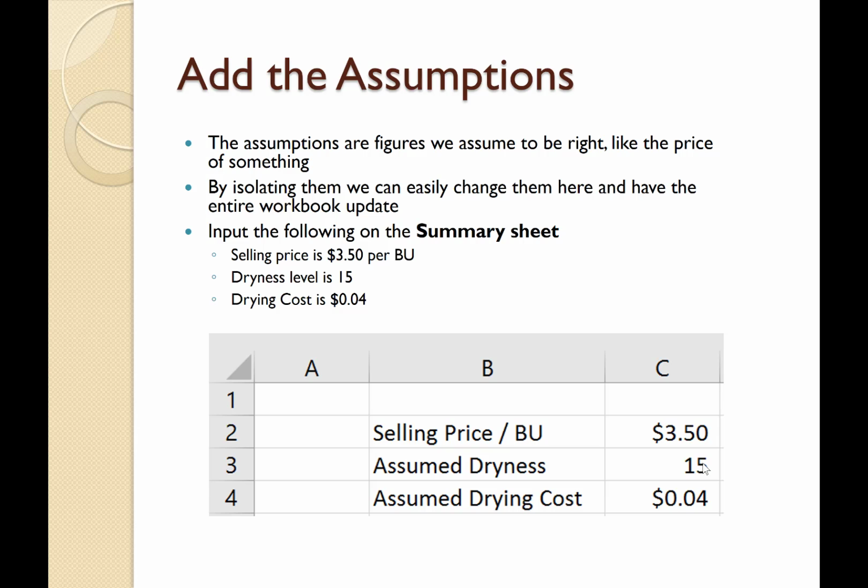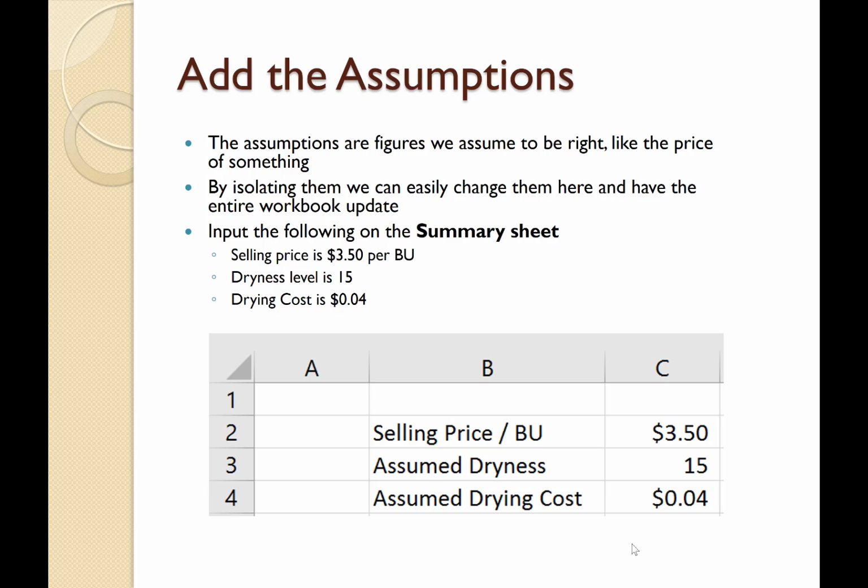If it comes just soaking wet with 25% or more, then they're going to charge you the extra, the difference per bushel for that drying of it, because they don't want to pay for the water. And then the next thing is the drying cost. How much are they going to charge you? 4 cents per percent per bushel.